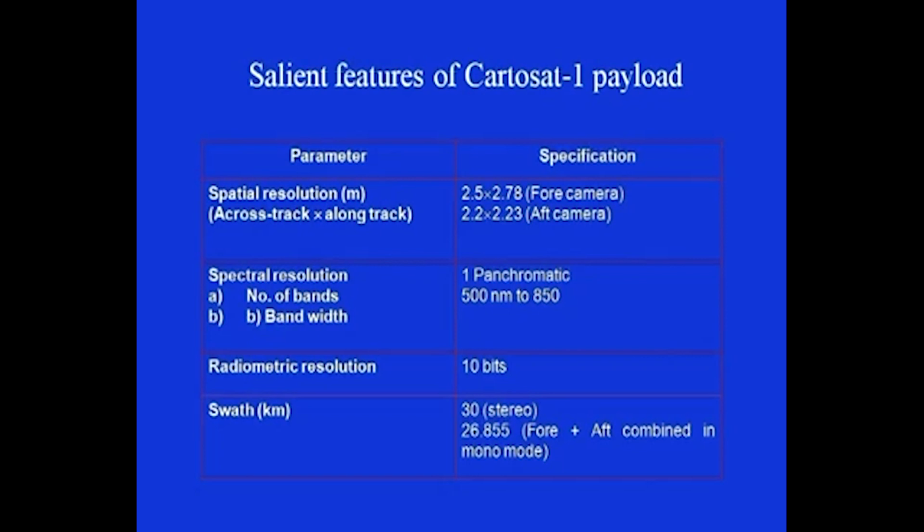Well, there is only one band of data, which is the panchromatic, operating between the region of 500 to 850 nanometers. The data is collected with a radiometric resolution of 10 bits. The swath width is 30 kilometers for stereo, while it is 26.855 when the cameras are operating in fore and aft mode to collect the data in mono mode.